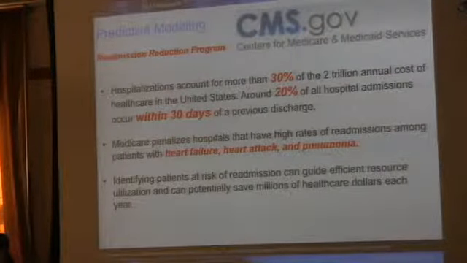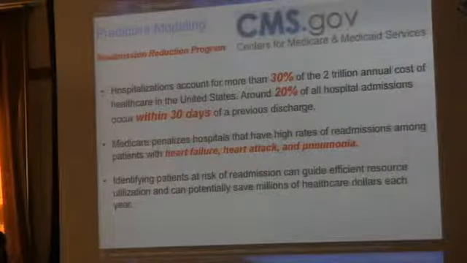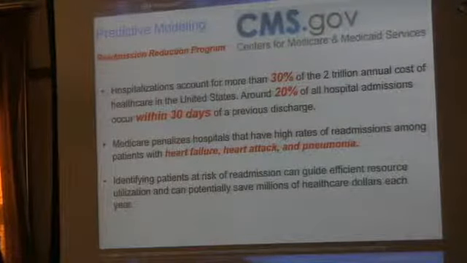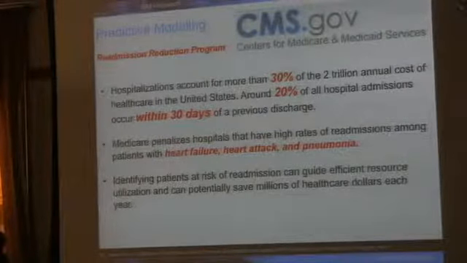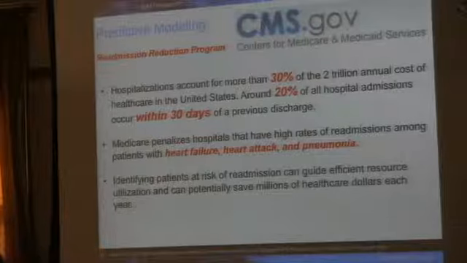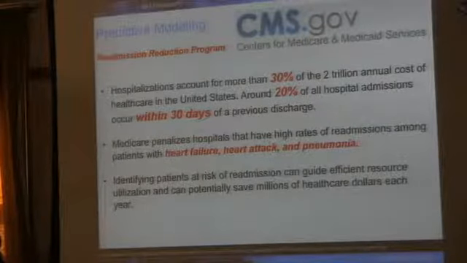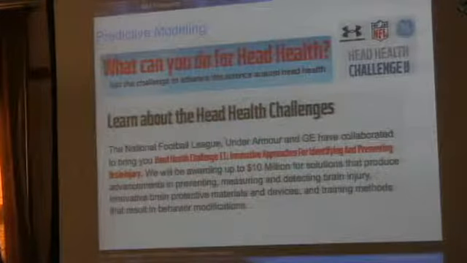The Center for Medicare and Medicaid Services has a specific readmission reduction program where Medicare penalizes hospitals that have high rates of readmission among patients with some chronic diseases like heart failure, heart attack, and pneumonia. So identifying patients at risk of readmission can guide efficient resource utilization and potentially save millions of dollars in healthcare.